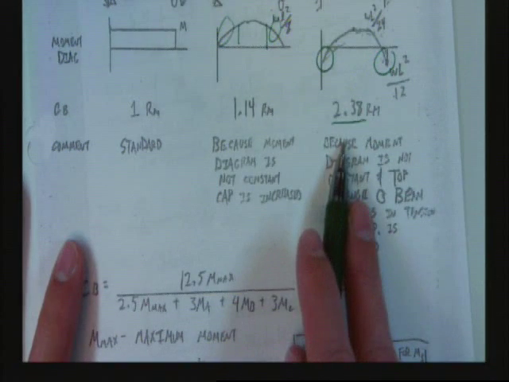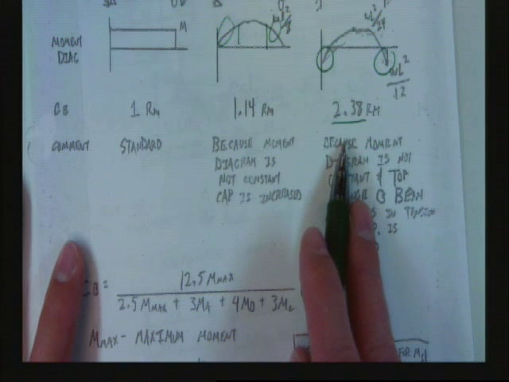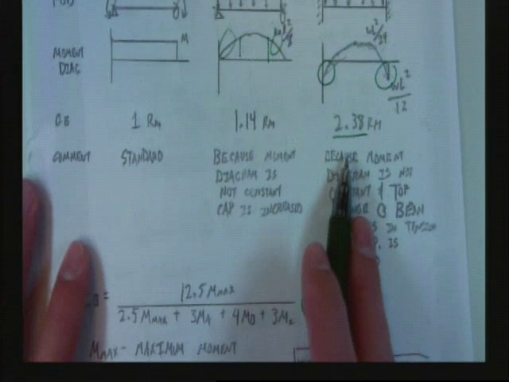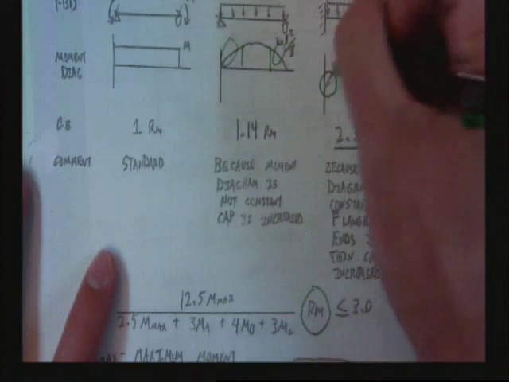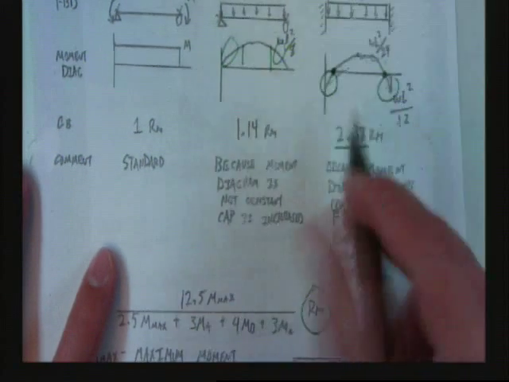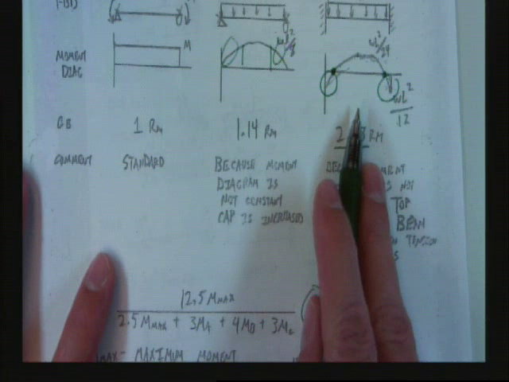Does that make sense? Now, you may, in your careers, run across people that see problems like this and want to call this L sub B, and that is dead wrong. That is dead wrong and will kill people.